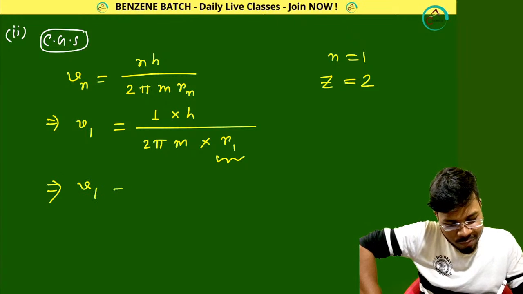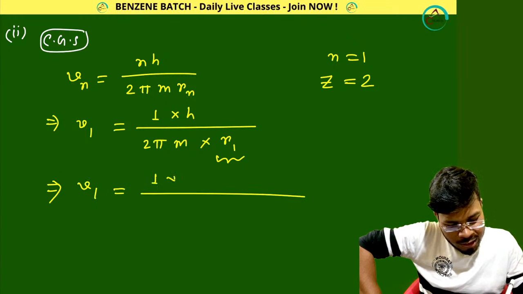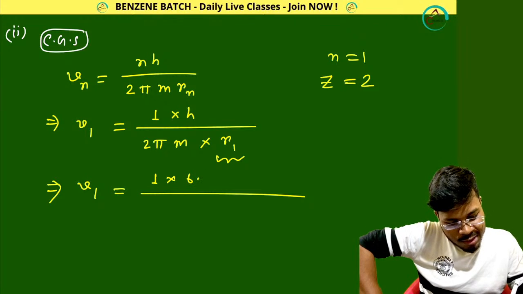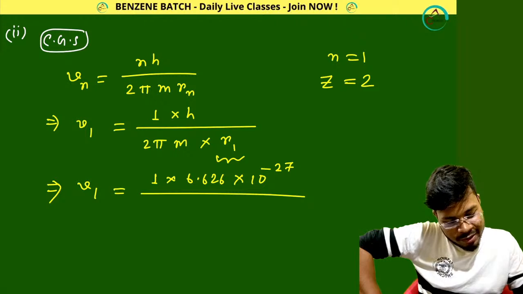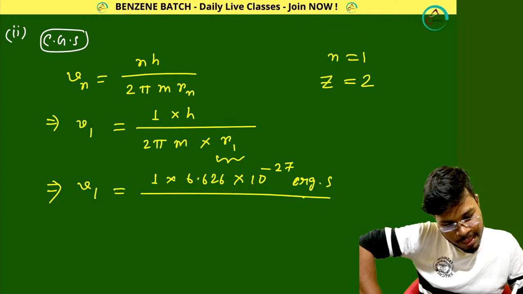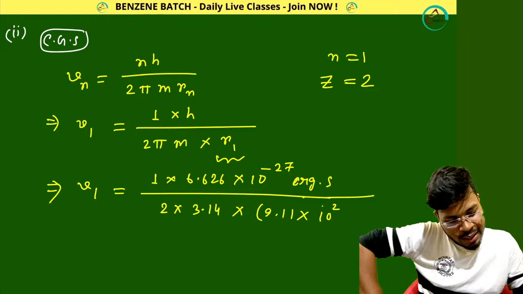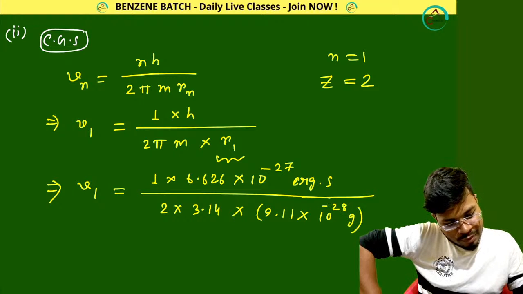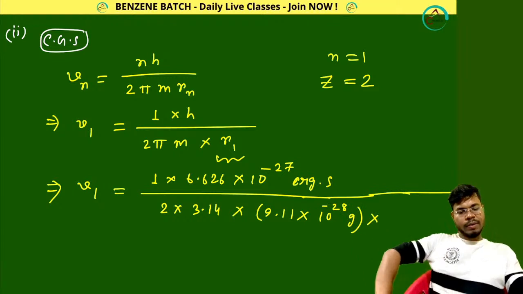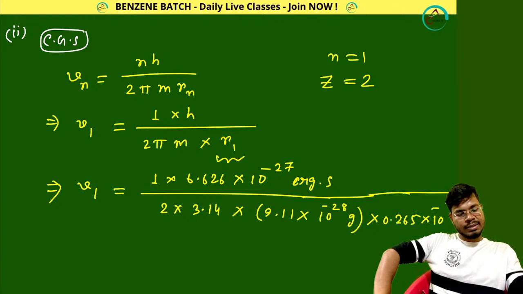So v1 equals 1 multiplied by h in CGS unit, 6.626 multiplied by 10 to the power minus 27 erg second, then 2 multiplied by 3.14 multiplied by 9.11 into 10 to the power minus 28 gram. And finally, what value would I put? 0.265 multiplied by 10 to the power minus 8 centimeter.